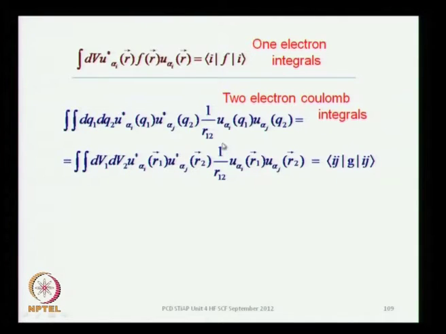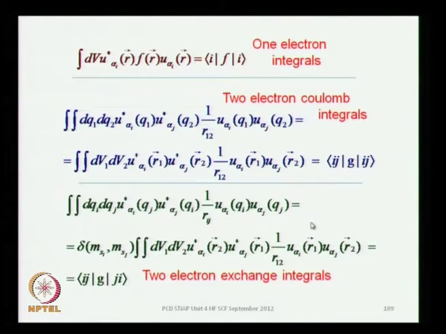We have spent considerable time discussing this. So, we have the Coulomb integral, which is <ij|g|ij>, and then we have the 2 electron exchange integral, which is <ij|g|ji>. That is the notation. This will remind us that this is an exchange integral. So, these 3 terms appear in the equation that we got.